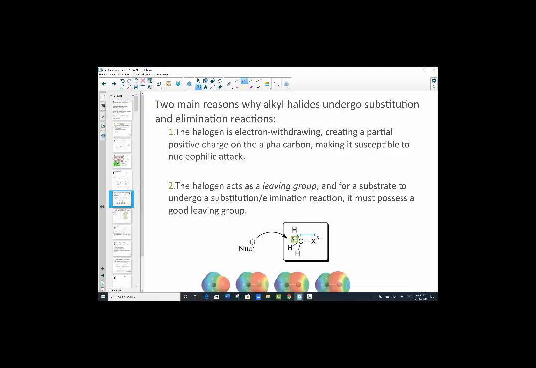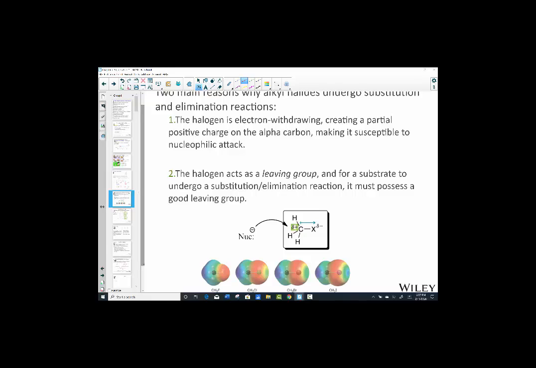So there's two main reasons why an alkyl halide will undergo substitution and elimination reactions. And we alluded to those in our previous slide. Number one, the halogen that's on the carbon chain is a very inductive electron withdrawing species. So it creates an alpha carbon that's very positive.